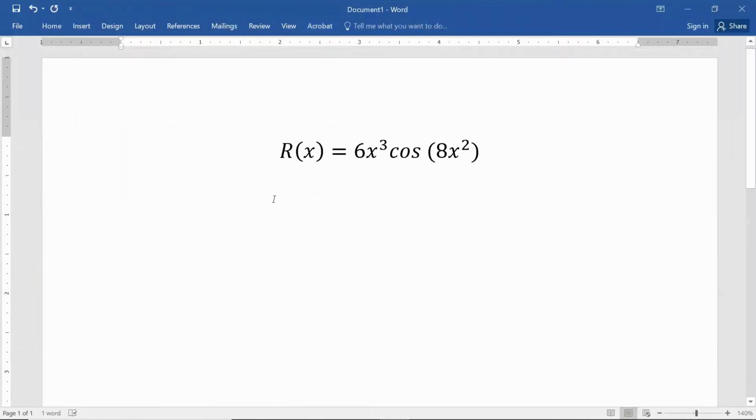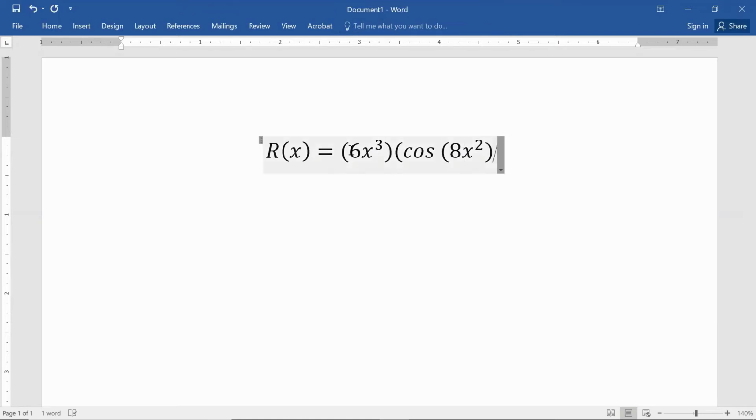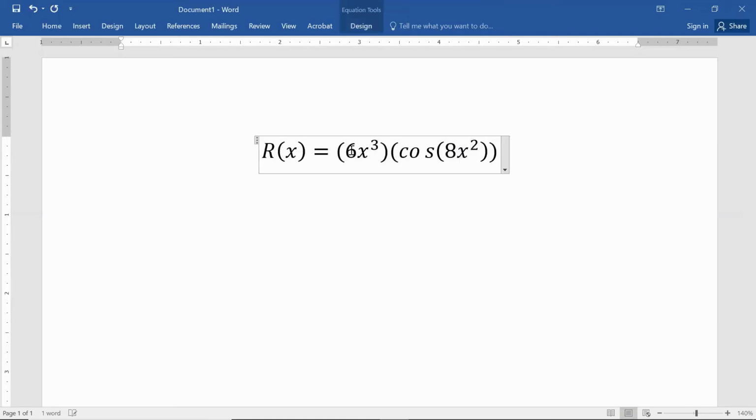Here is r of x. So we have to view this as, first off, a product rule, where 6x to the third is our first function, and cosine of 8x squared is our second function.